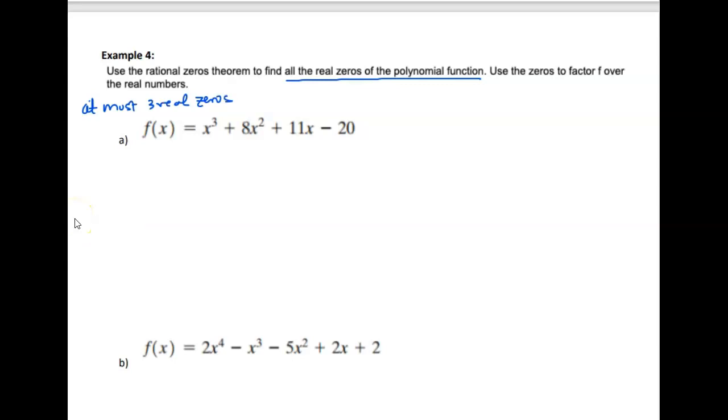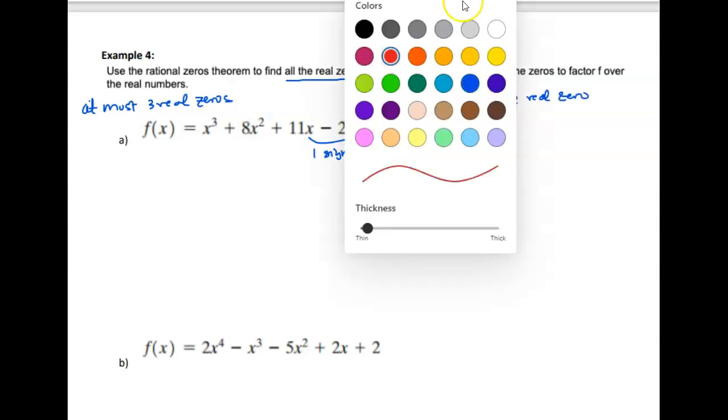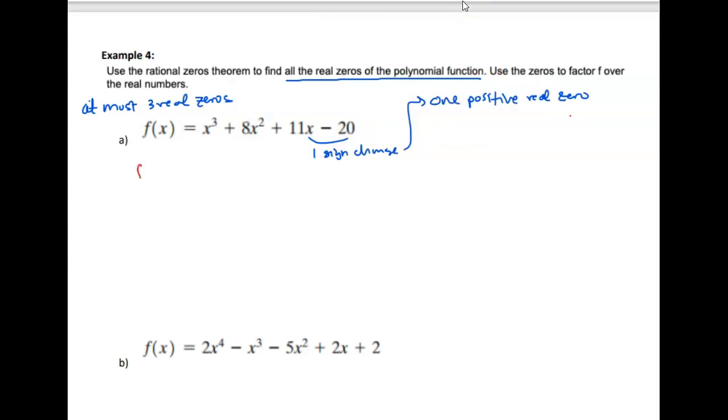And then we're going to use Descartes' rule of signs to figure out whether they're positive or negative. If you look at the function here, you can see there's one sign change. So this tells me I have one positive real zero. And then do f of negative x.